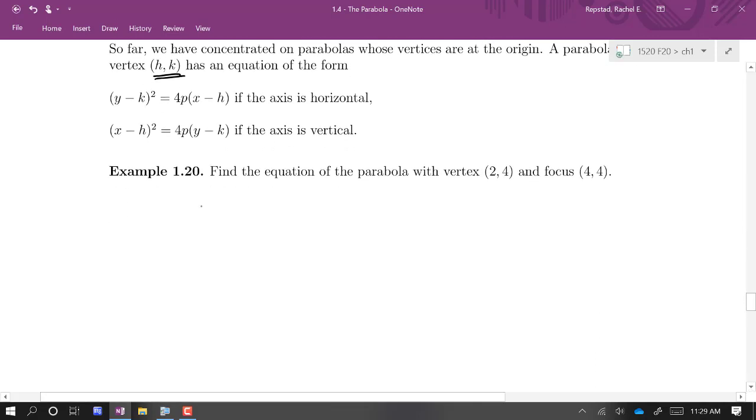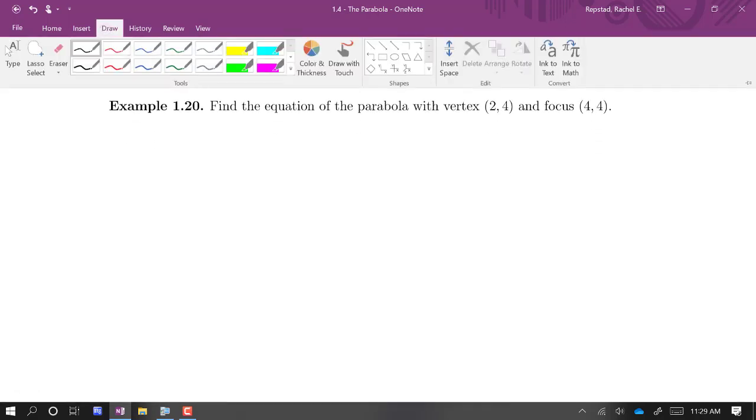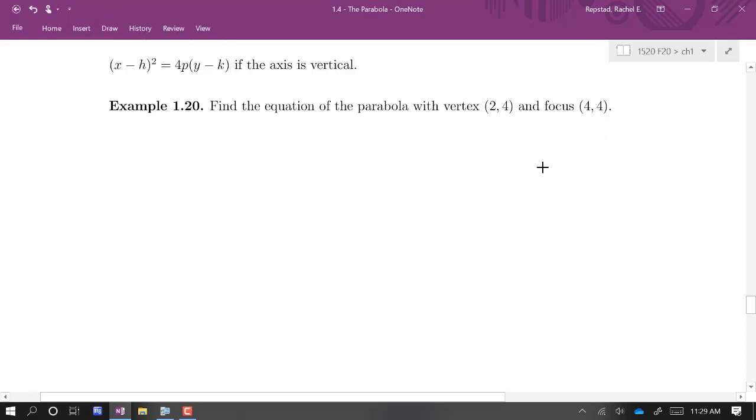So in example 120, it's similar to the last one, only they don't say use the definition. They say just find the equation of a parabola with vertex (2, 4) and focus (4, 4). So they're not asking us to use a definition and set some distances equal. They're giving us information. When they start out by giving us geometric information, I often begin by just sketching it.